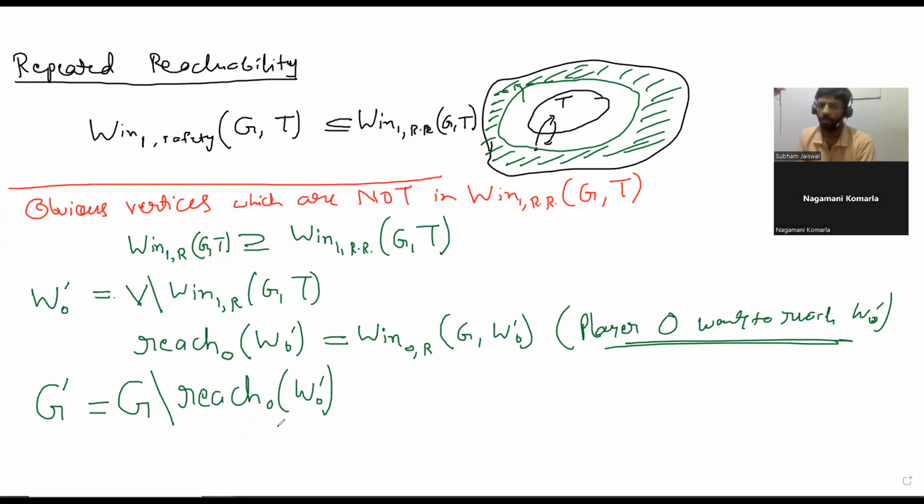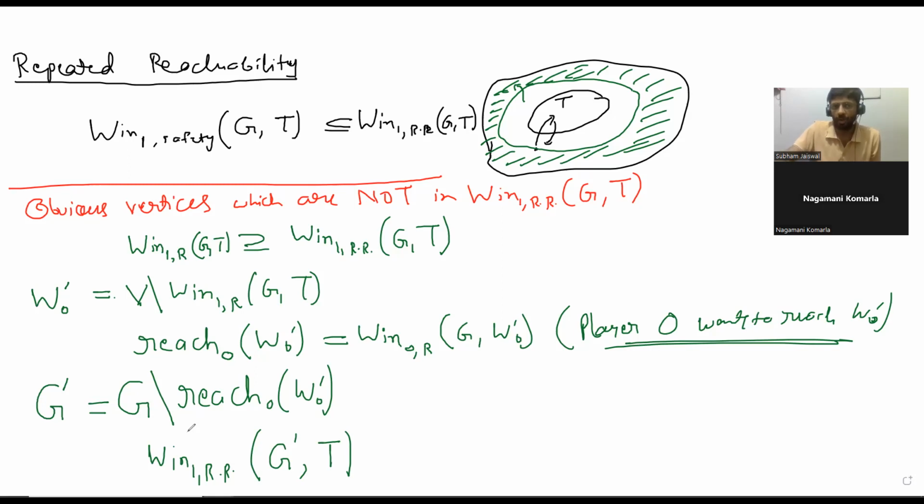And whatever algorithm, we then just find win1 RR on G prime for this target set T. Right, we find this set. We compute this. See, this is going to be a smaller graph.